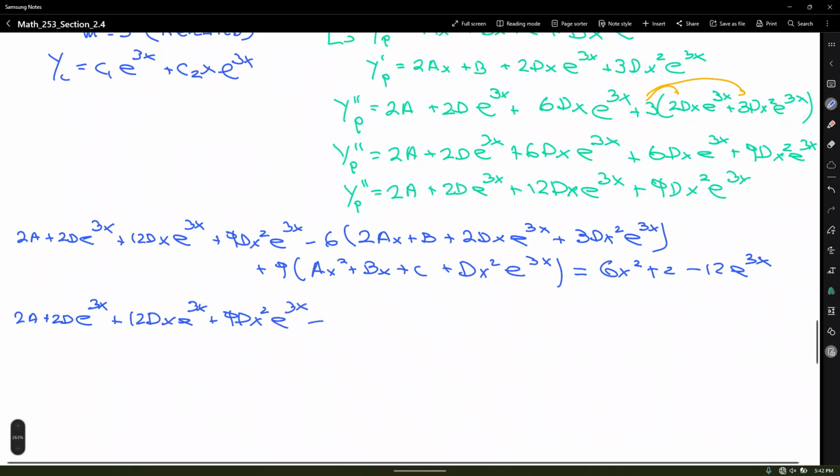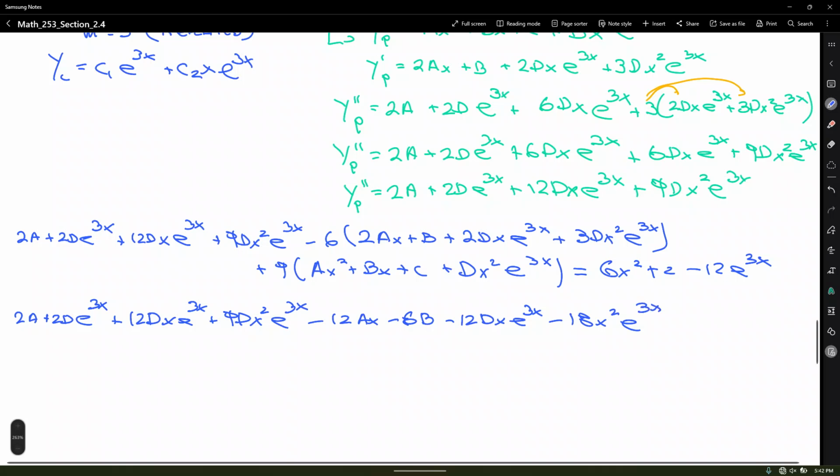Minus 6 times 2 is minus 12, so minus 12ax minus 6b. What else? Minus 12dx e to the 3x, and then minus 18dx squared e to the 3x.